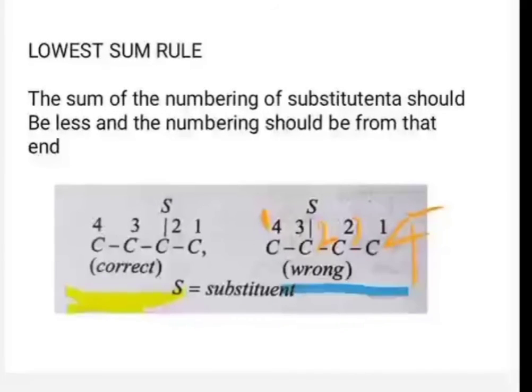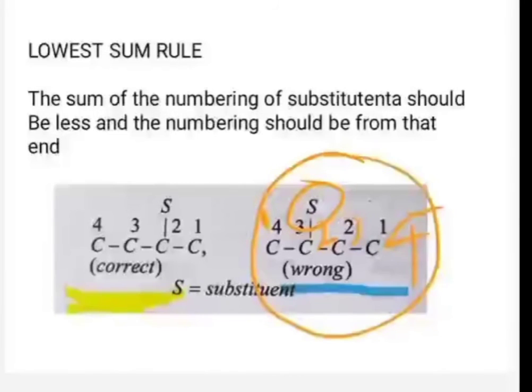So if I given numbering from left to right, the position of the substituent will be at 2. But here I given numbering from right to left. Now the position became 3. The 3 is greater than 2. So this is wrong. So what is right? For this one, we should give numbering from left to right.